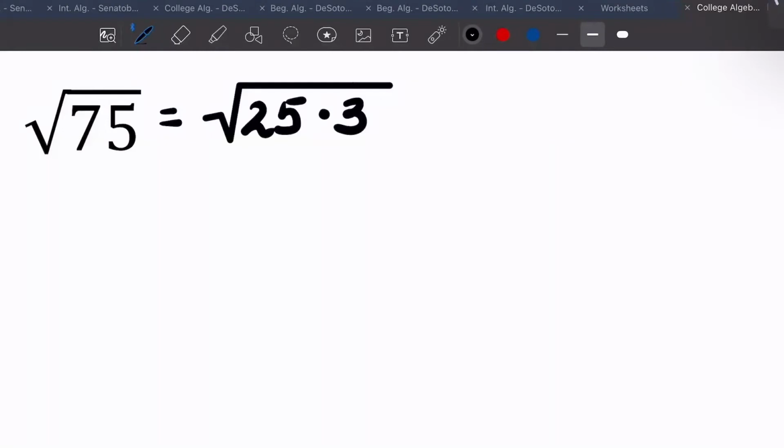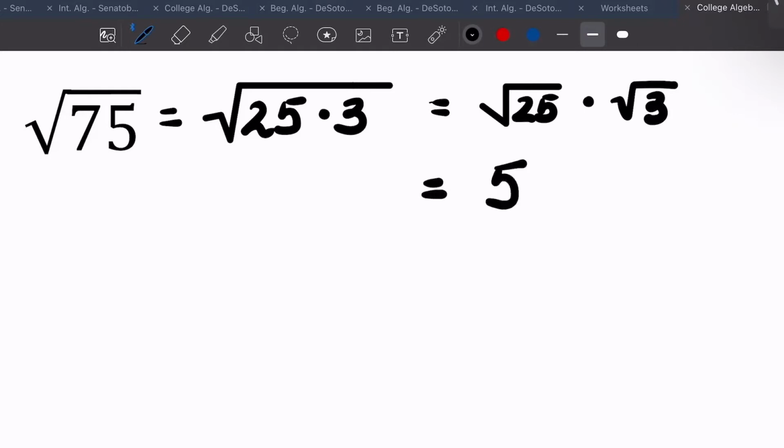So just go down that list. Now apply your rule. You get the square root of 25 times the square root of 3, and that gives you 5 on the square root of 3. And I know what this is, that's 5.